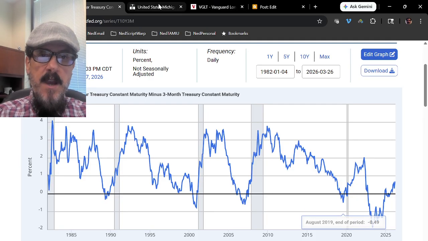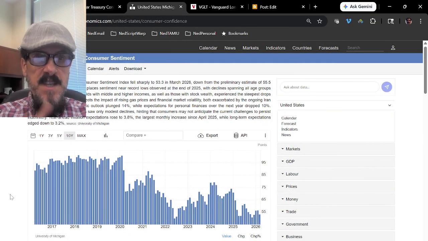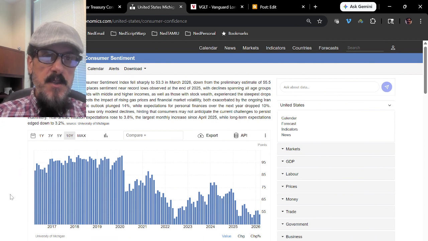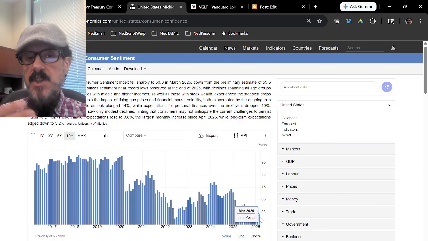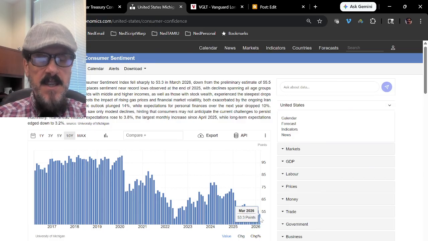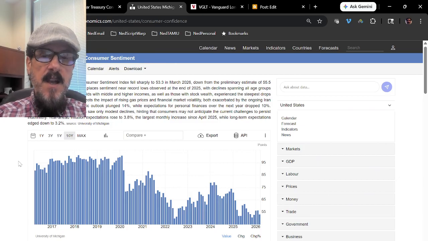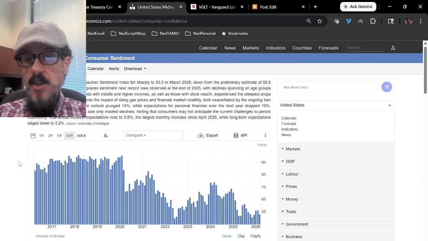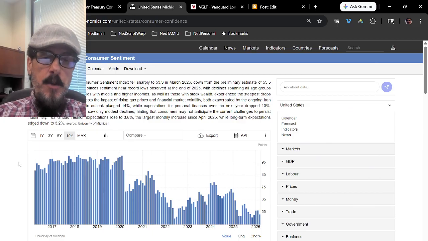And we are at a time where the University of Michigan Consumer Sentiment Index is at a very low point, which tends to always precede a recession, or at least it's not a good indication of economic growth going forward, more likely an economic downturn.